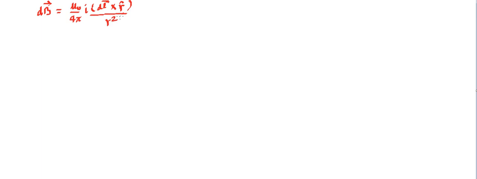Note that downside I have written r square, not r cube, because in the numerator I have written r cap. In vector algebra, you know r cap into r is equal to r vector. So if I place r vector upside, then I need to write r cube downside.